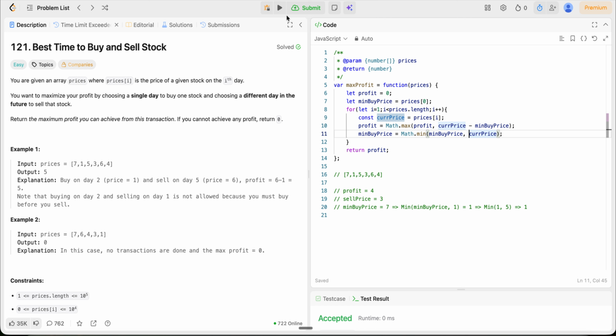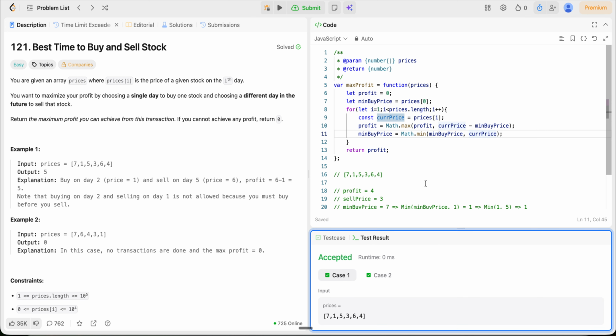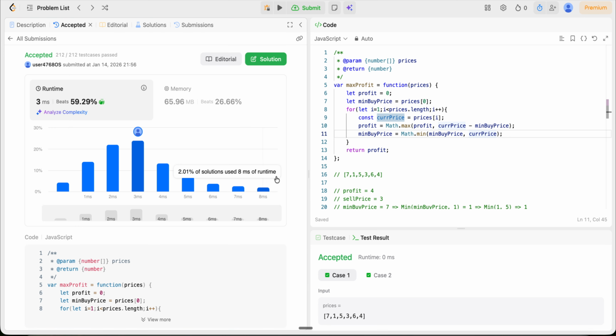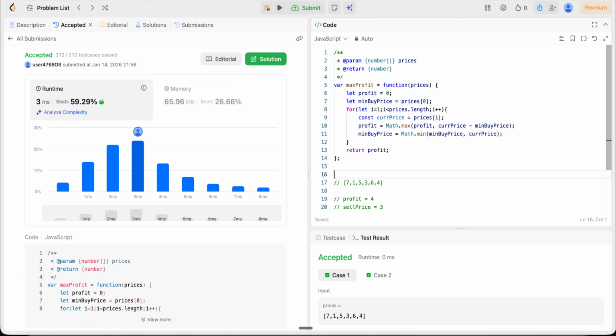Now let's try to run this code. It is running. Let's submit it. It's successful. So let's understand the time and space complexity of the solution.